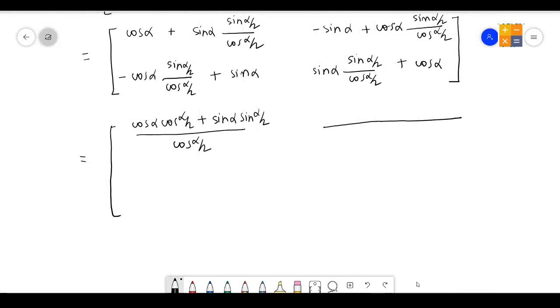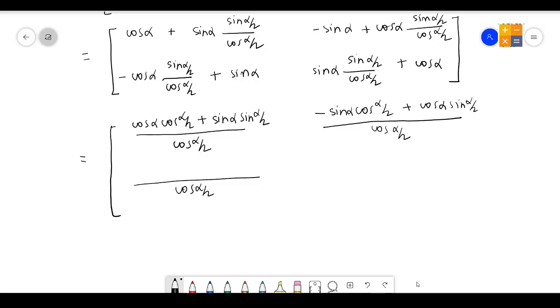So I can put here the LCM as cos alpha by 2. In the numerator part, it will be minus sin alpha cos alpha by 2 plus cos alpha sin alpha by 2. In this part, I can write again cos alpha by 2 in the denominator part.